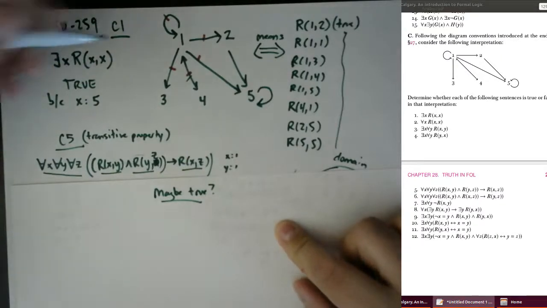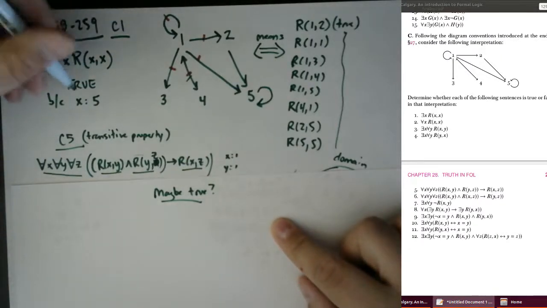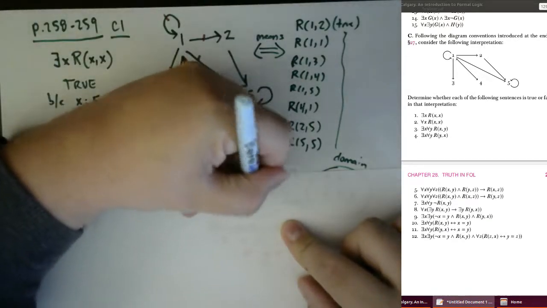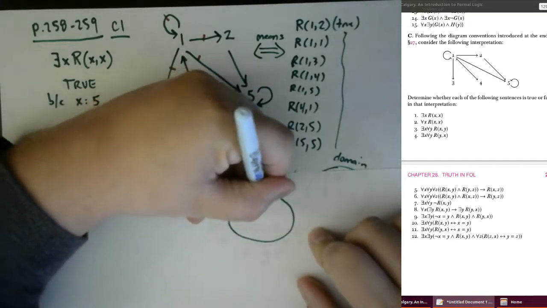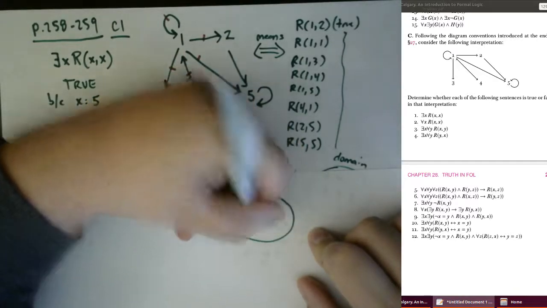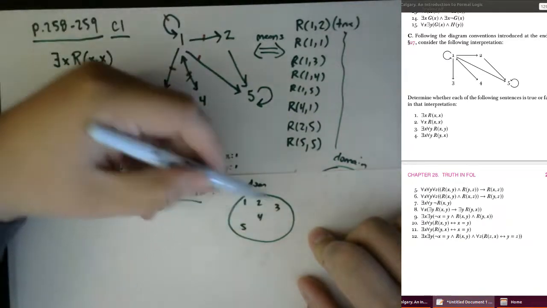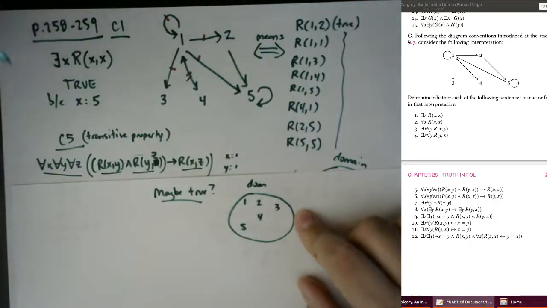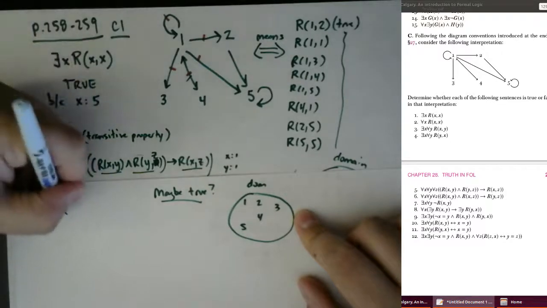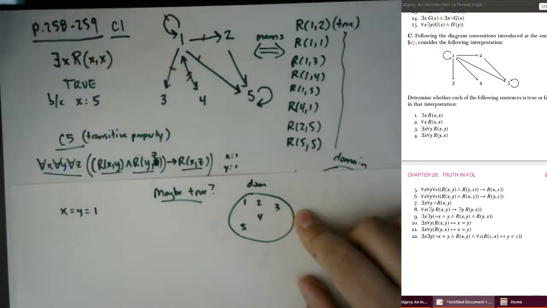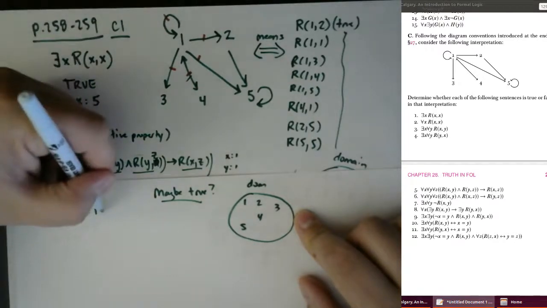So first off, we have a domain here of 5 numbers, and X, Y, and Z could be any of these. Okay, so the first thing to realize is if X and Y were both 1, then it's true.